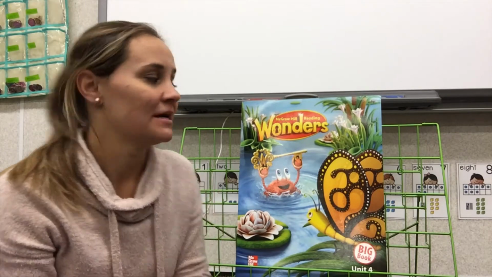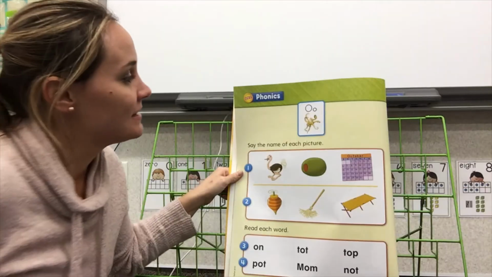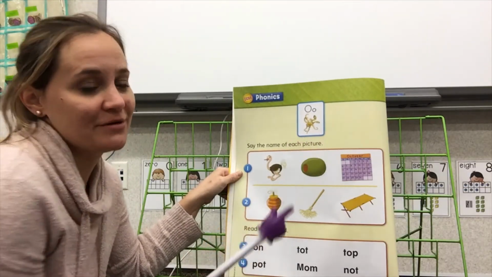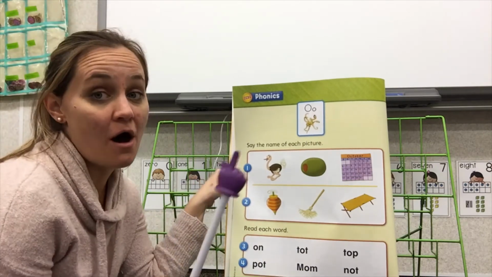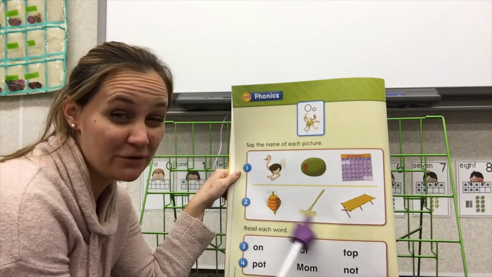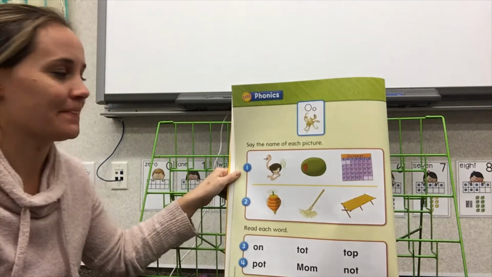Hey, excellent work. Thank you for following along. Let's review one more time what we've learned in this video. We're practicing the letter O as in octopus. And we know that you can hear the aw at the beginning of words and in the middle of words. Let's say the name of each picture here.